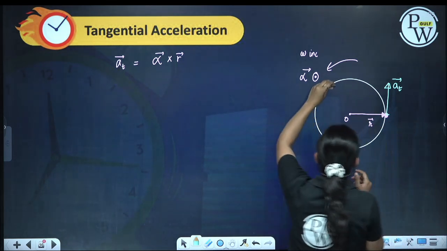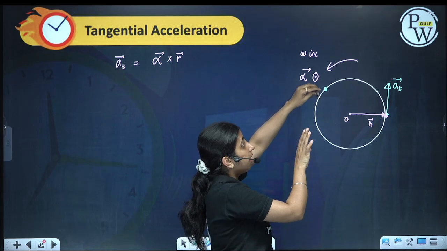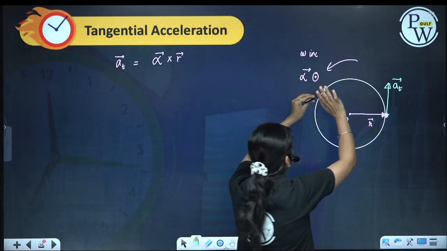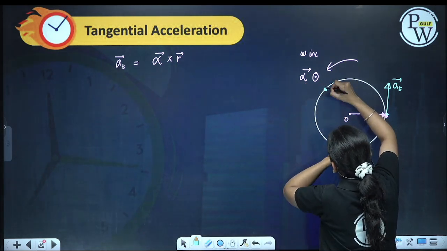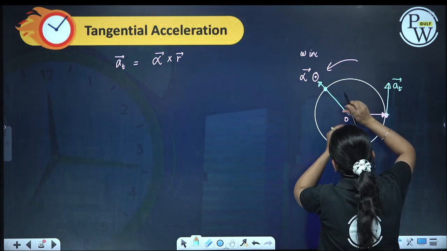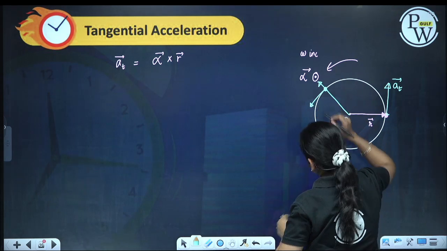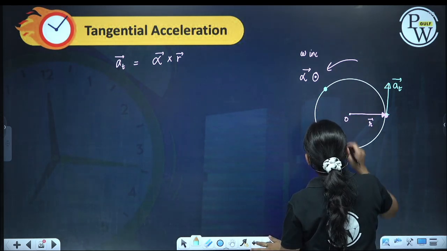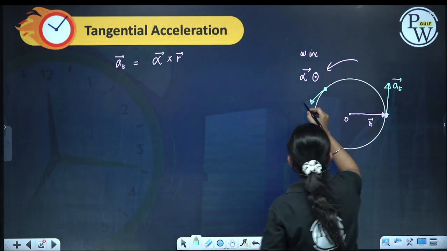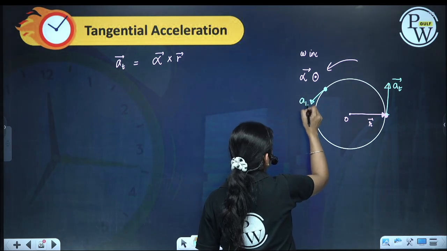The r vector will be radially outwards like this. Alpha to r, it is along this. So AT will be along this tangent.